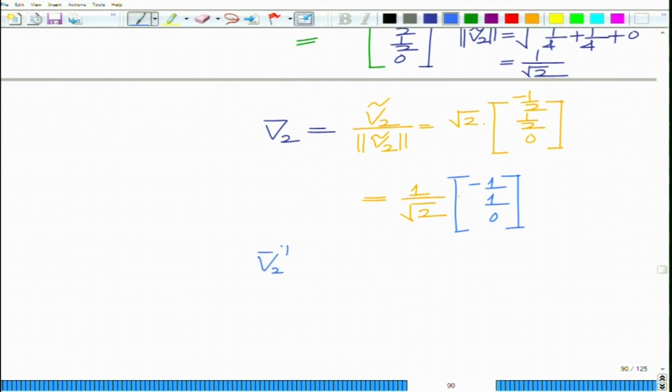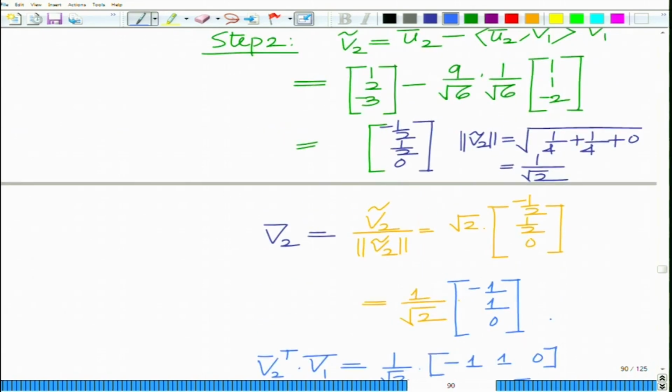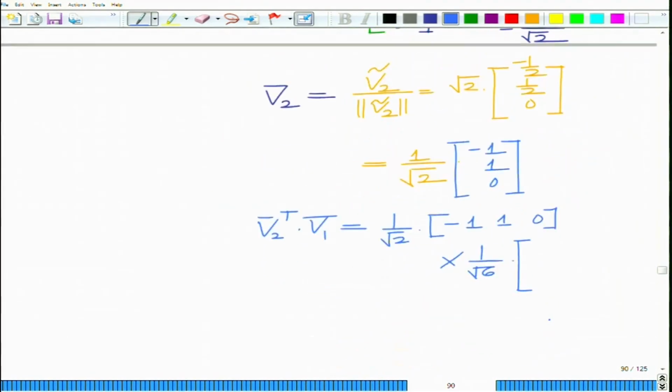So, V2 bar transpose V1 bar is 1 over square root of 2 times minus 1 1 0, times 1 over square root of 6 times 1 1 minus 2. You can clearly see this is minus 1 plus 1, which is 0, plus 0, which is 0.